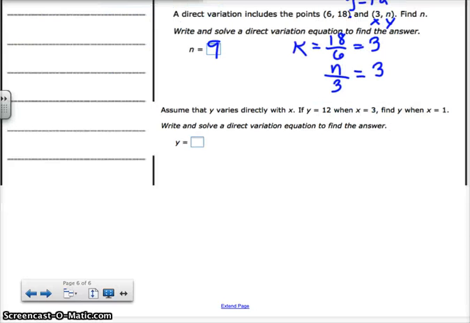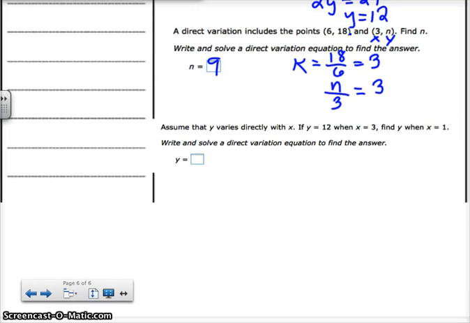Assume that y varies directly with x. Varies directly. So then k is going to be the ratio of y over x. If y is 12 when x is 3, find y when x is 1. So 12 over 3, which is 4. That's my k.